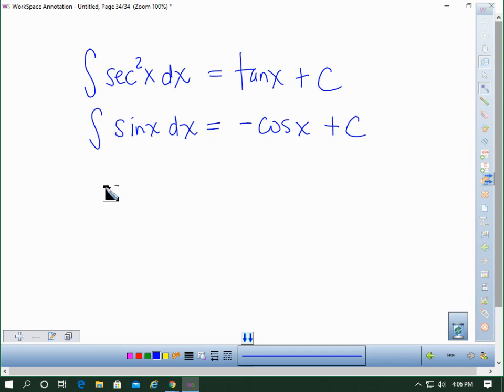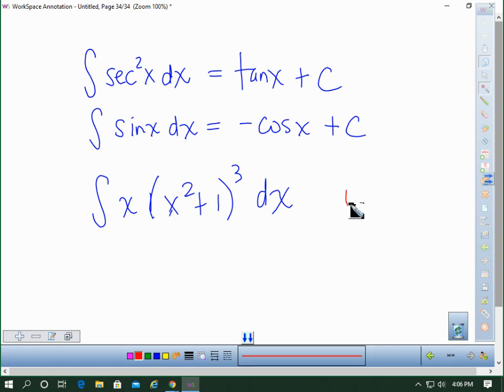And what if you have something like we're trying to do the integral of x, and on the inside we have, say, x squared plus 1 to the 3rd power. Do we remember how to integrate those more complicated problems? All right, that's where you do your u substitution. So you let u be the stuff in the parentheses, and then you do your du.